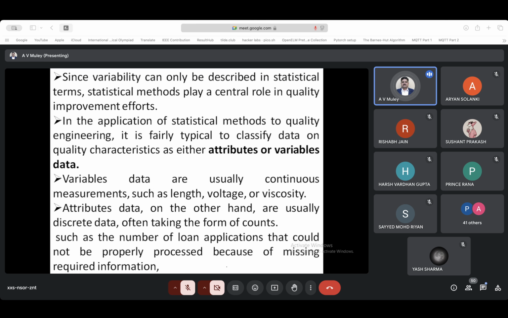You want to process some loan applications, but specific information is not available. Suppose the name is not available, or the loan figure is not available. Out of 10, for example, 4 loan applications do not have the requisite information, so you are not going to process them. You are going to process the 6.